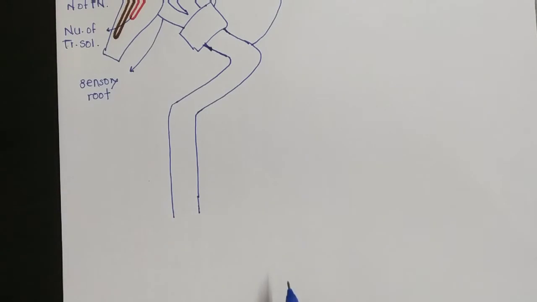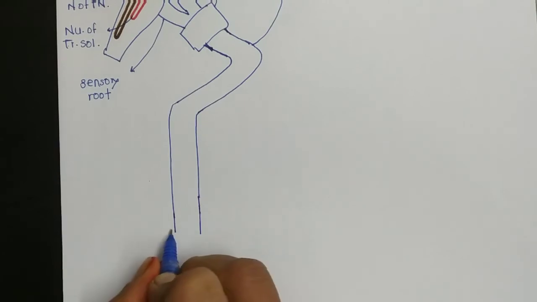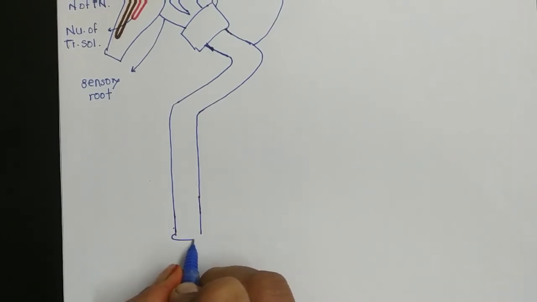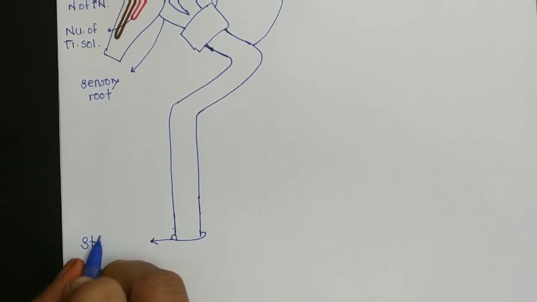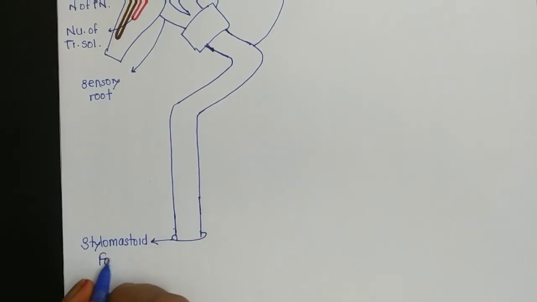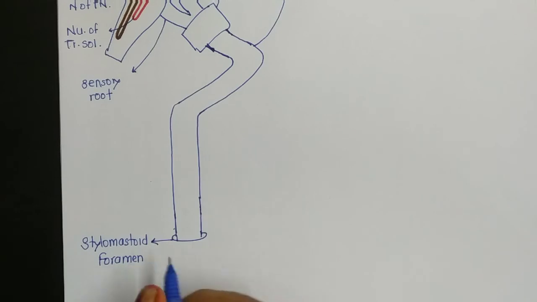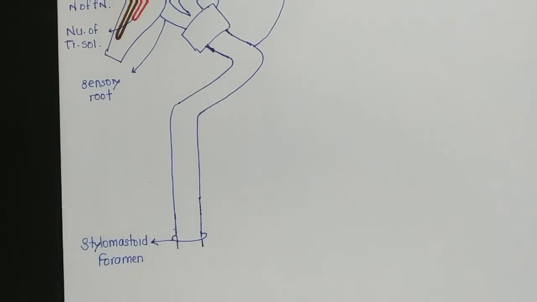The same thing we are going to draw over here. So after passing vertically downward, it comes out through the stylomastoid foramen. So this is the stylomastoid foramen and the facial nerve now leaves the skull by passing through it.